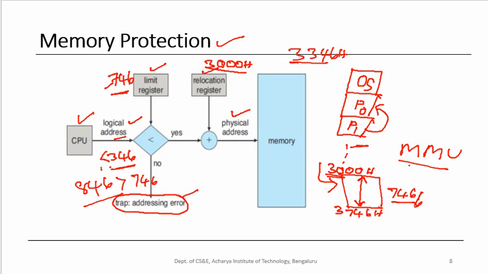This is memory protection. This we have discussed in detail in the previous class. So what you have to understand here is that what the CPU generates is a logical address, which is mapped to a physical address by the memory management unit with the help of the limit register and relocation register.